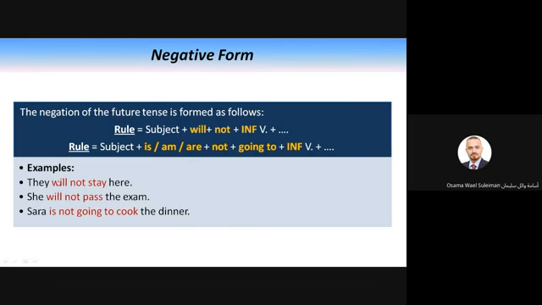They will not stay here. كانت they will stay here بالأصل، مجرد نضع not بعد will. She will not pass the exam. فكل شيء ما راح يتغير عن المثبت، مجرد نضع not بعد الفعل المساعد وخلاص. Sarah is not going to cook the dinner.